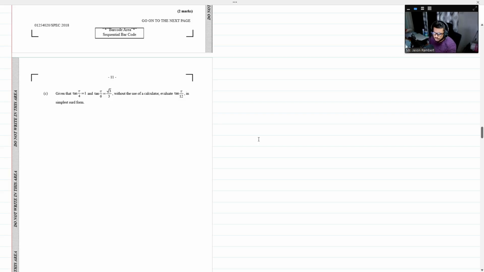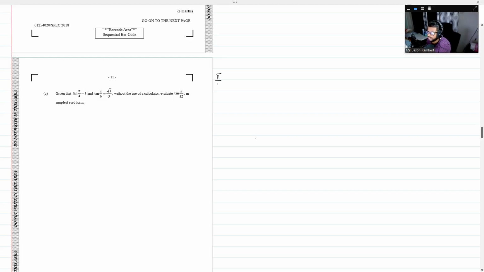Given that tan of pi on 4 is equal to 1 and tan of pi on 6 is equal to root 3 on 3, without the use of a calculator, evaluate tan pi on 12 in simplest surd form. So how am I getting pi on 12? By using pi on 4 and pi on 6.